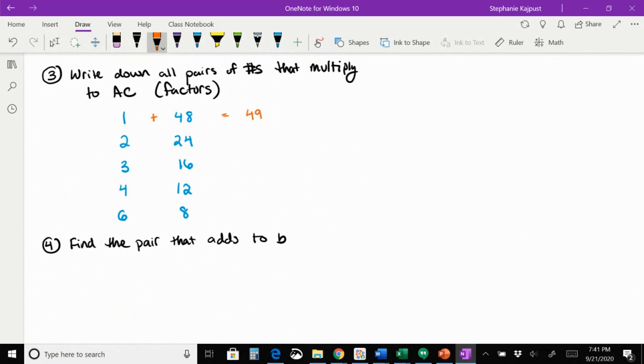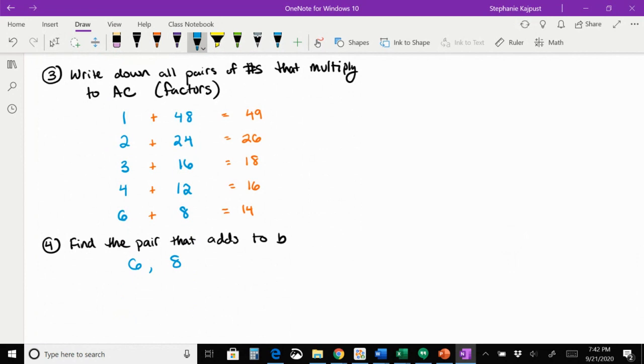That does not add to 14. 2 plus 24 is 26. 3 plus 16 is 18. 4 plus 12 is 16. 6 plus 8 gets me 14. So our pair of numbers is 6 and 8.